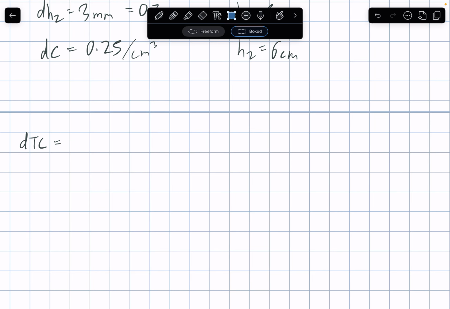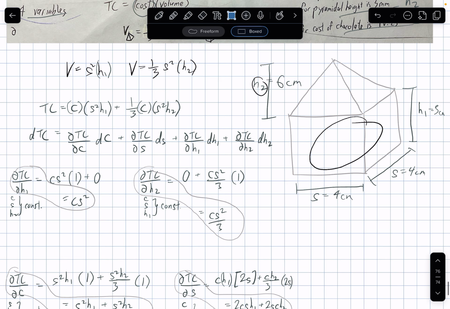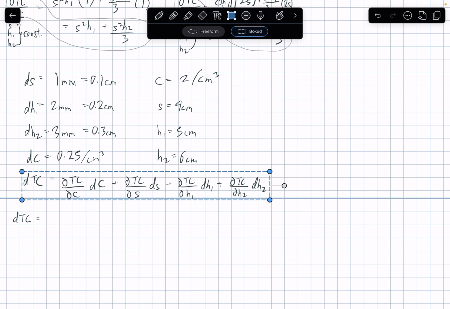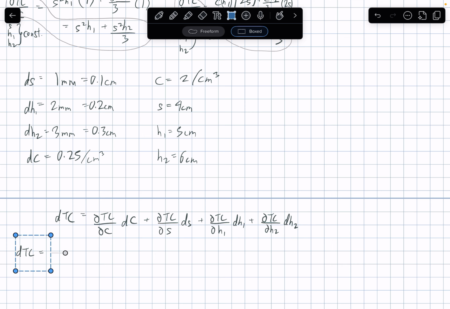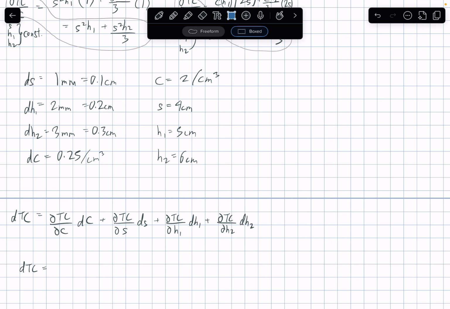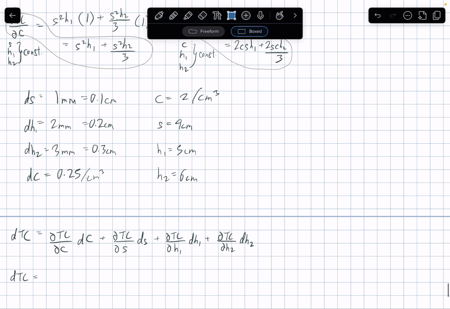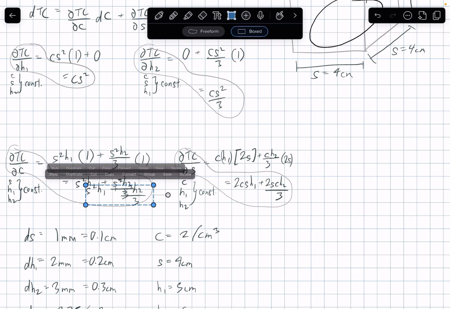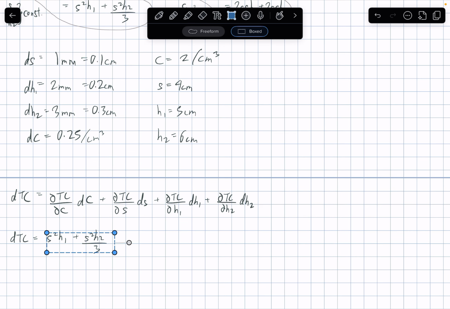So DTC, let me just bring this down. Partial DTC over partial C is this. So bring that here. And then times DC. DC is what?